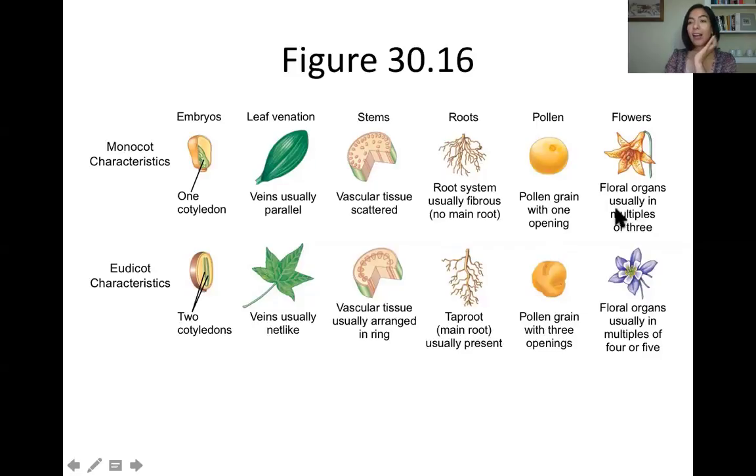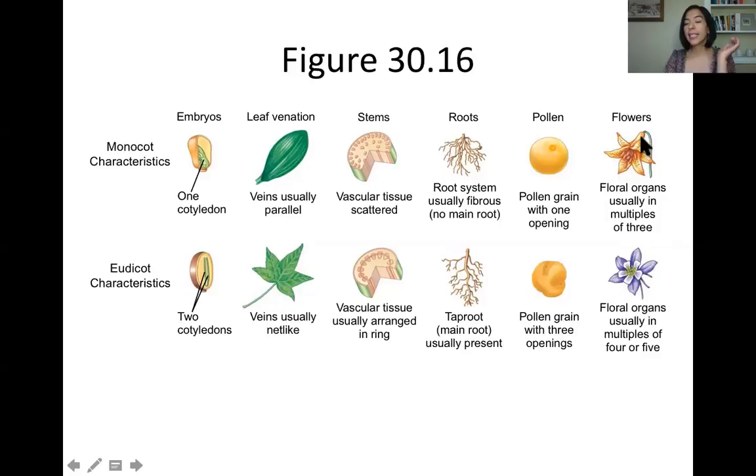And a common feature that you learn since kindergarten, I believe, is that the number of floral organs are going to be in multiples of 3, usually in monocots, and in multiples of 4 or 5 in eudicots. So if you count the number of sepals in here, we have 5, and petals, we have 5.